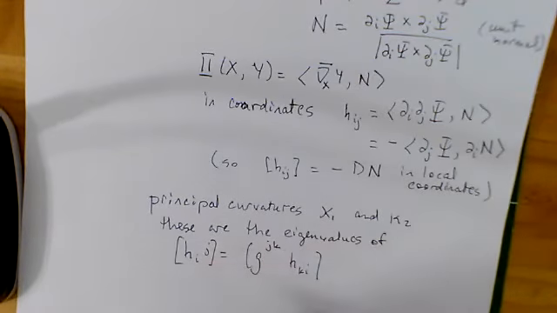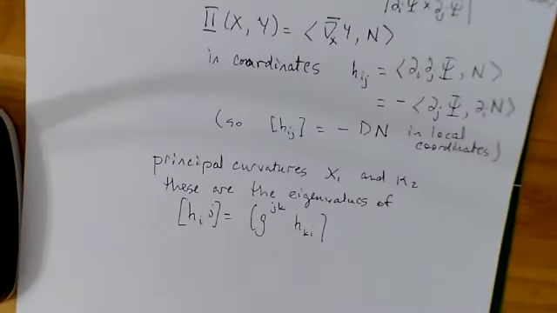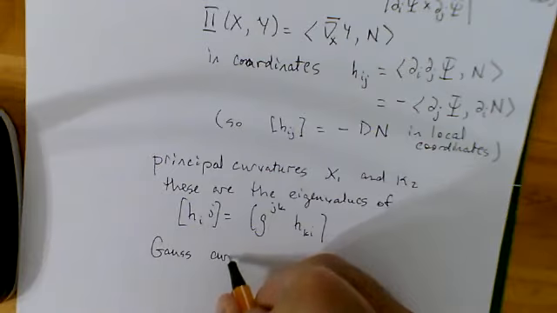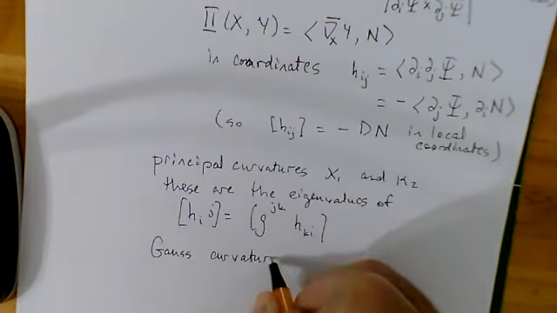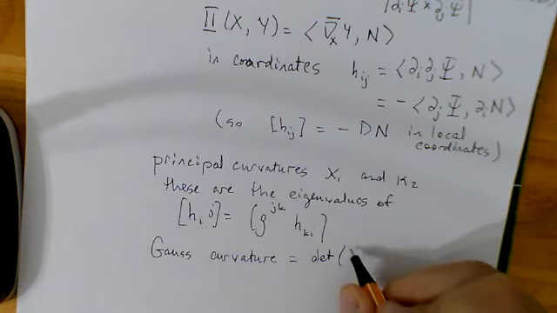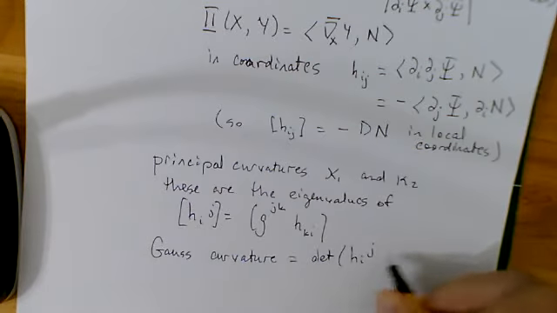These are the eigenvalues of this 2 by 2 matrix. And then we were able to write down the Gauss curvature, which you should think of as the determinant of Hij.